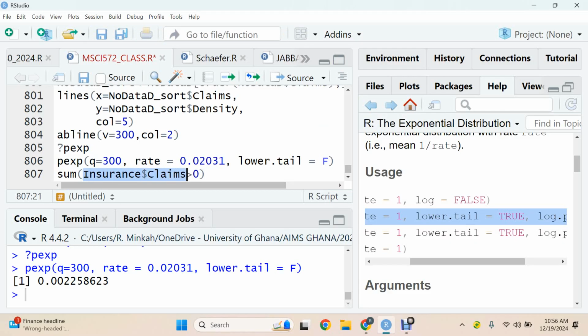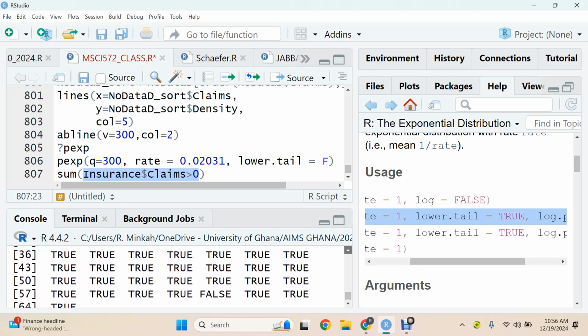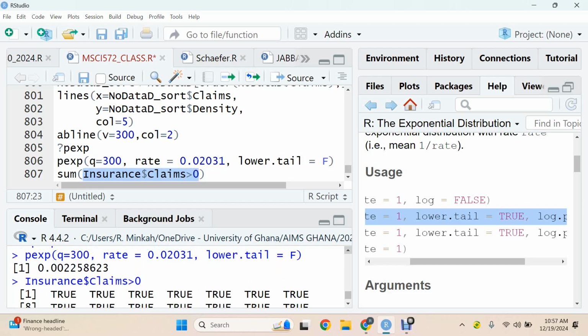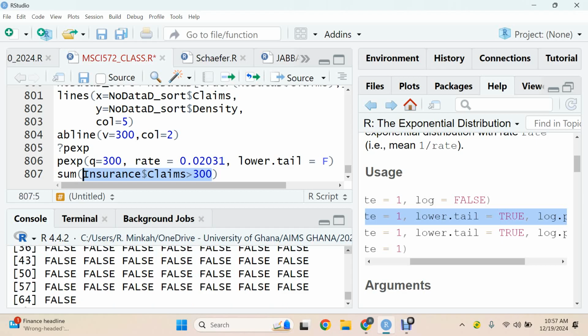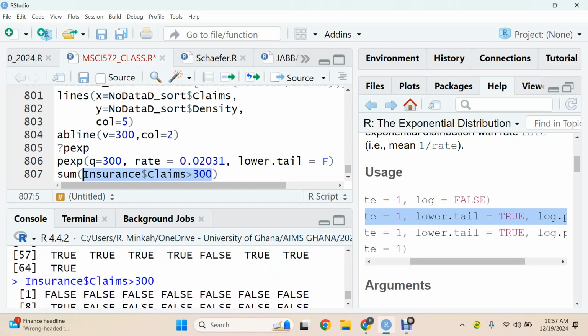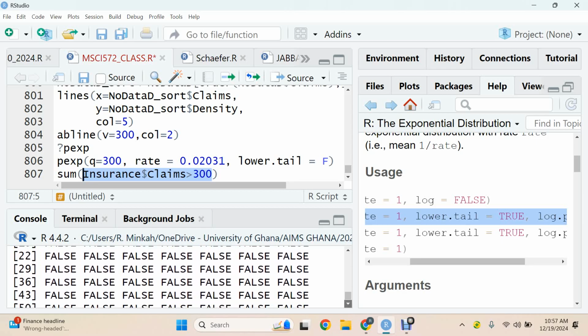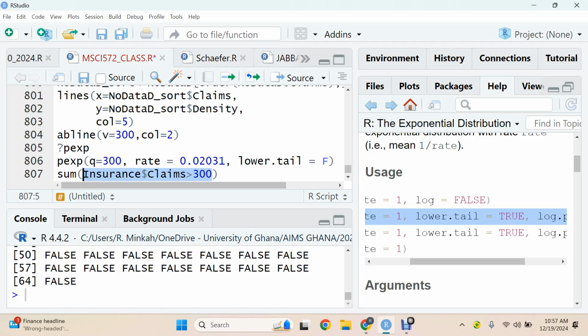This should give me true or false. All those greater than 300, I'll get through, and those less than that. So you see, it's only one, right? Only one out of 64.